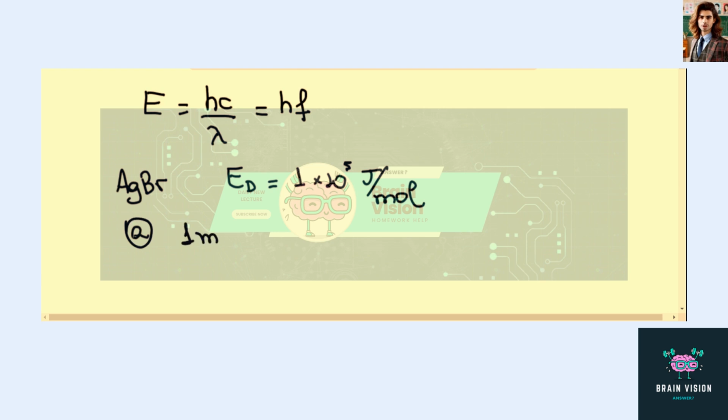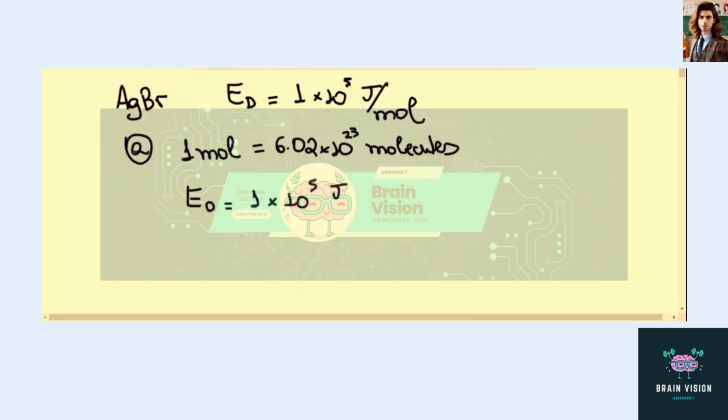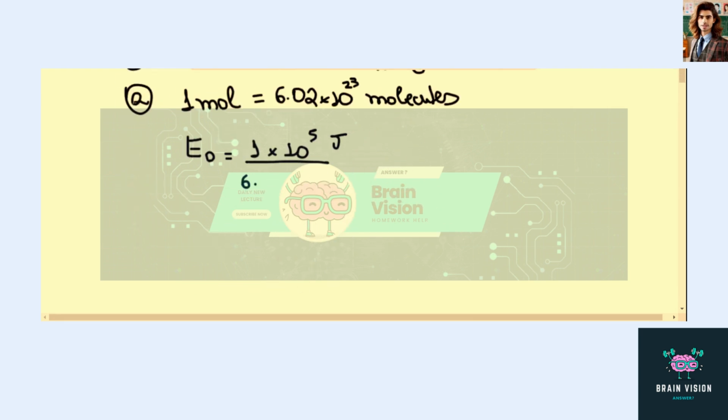Now remember that 1 mole is equal to 6.02 times 10 to the 23 molecules. So the dissociation energy is actually 1 times 10 to the fifth joules per 6.02 times 10 to the 23 molecules.